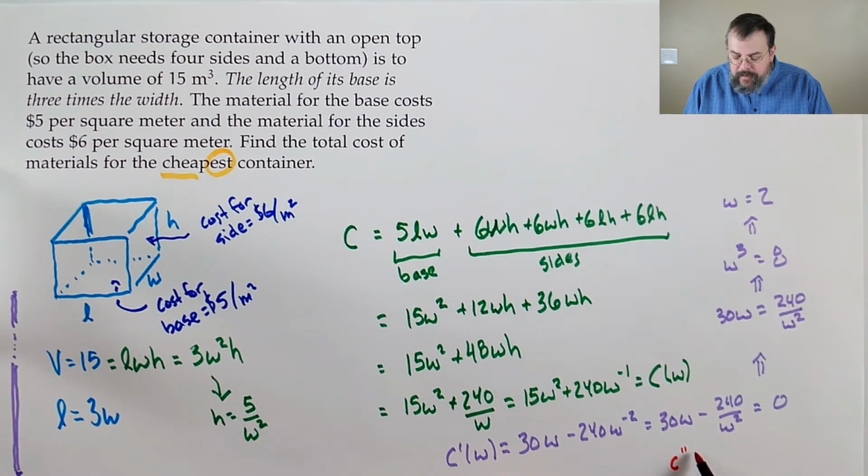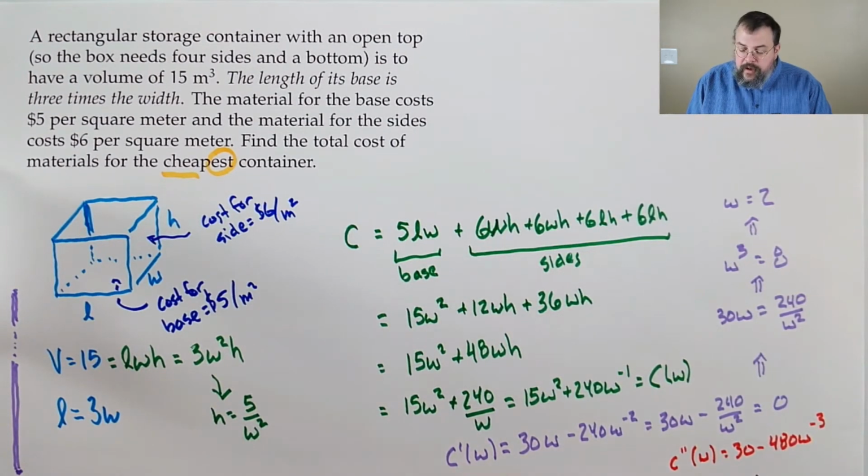So if I take c double prime of w, I'll get 30 minus 480 w to the negative 3. If you plug in 2, this w to the minus 3 is an eighth, so an eighth times 480 is 60. 30 minus 60 is negative. And so lo and behold, c double prime of 2 is negative.